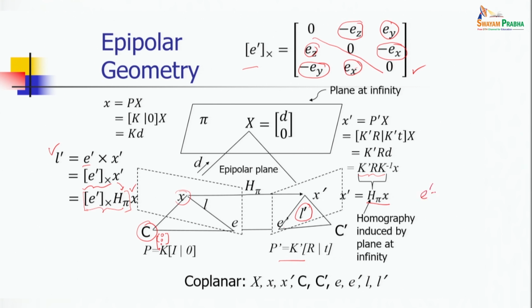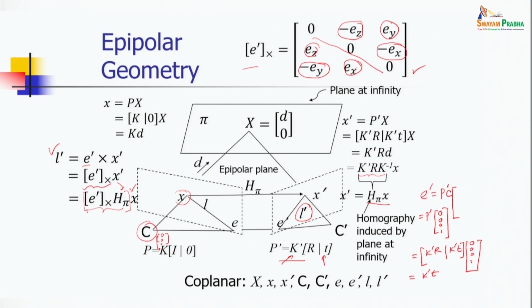We can write E prime is P prime into the center, P prime into C, which is P prime into, in this configuration, 0, 0, 0, 1, which gives me K prime R, K prime T, 0, 0, 0, 1. Further reduction will give me only K prime T. So E prime is K prime T, which are parameters of the camera.